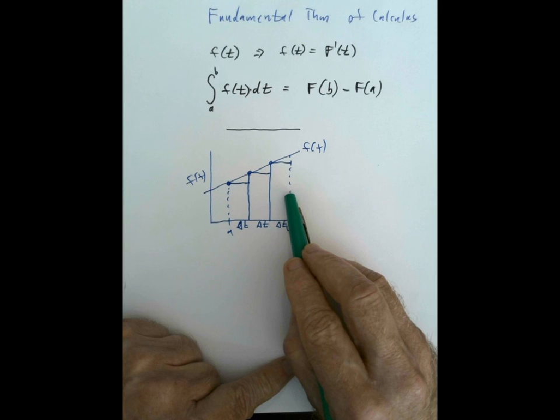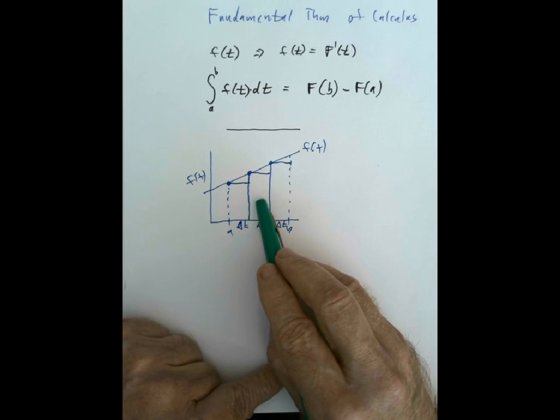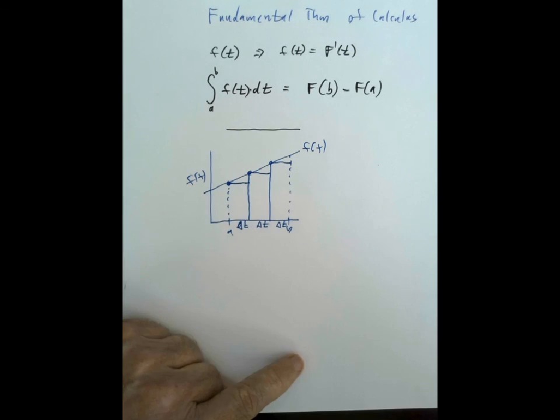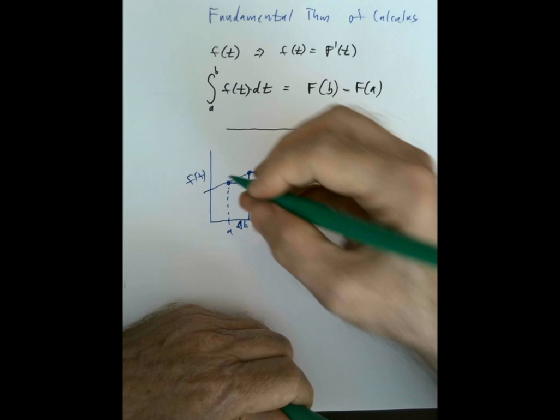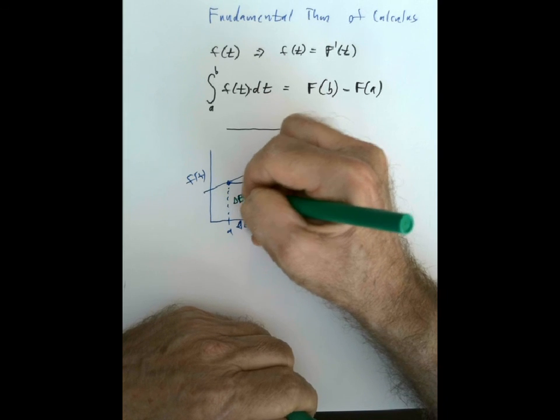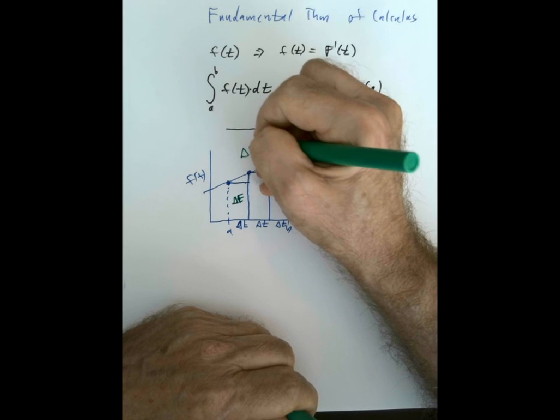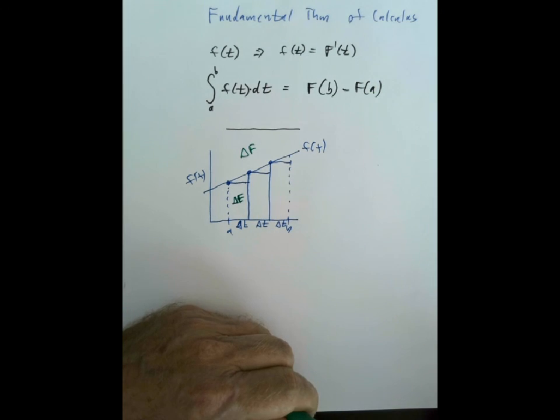It's opening and opening, and this area is getting bigger and bigger. Well, that is the rate at which that function is changing. The rate at which that area is increasing is delta f, right?